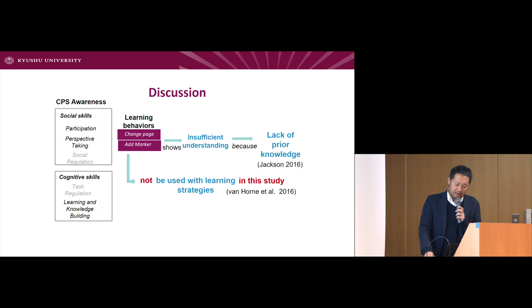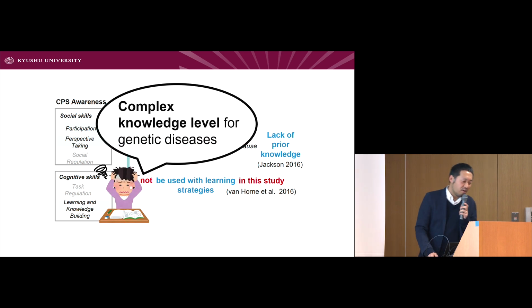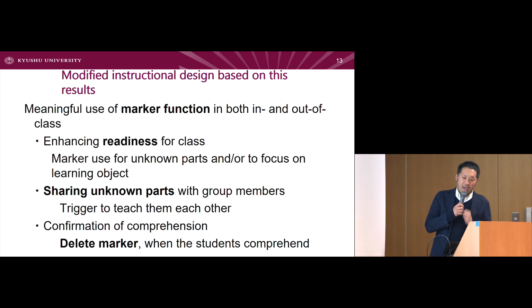We recognize the necessity of learning strategy patterns for individual and collaborative learning using BookRoll. Almost all the students said that the complex knowledge level of genetic disease is very difficult for them to discuss this topic. And we rebuilt this instruction through discussion with the teachers.